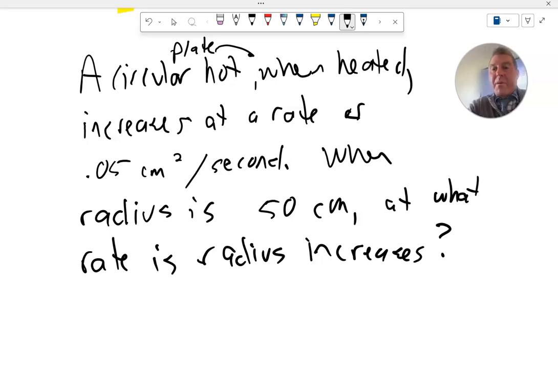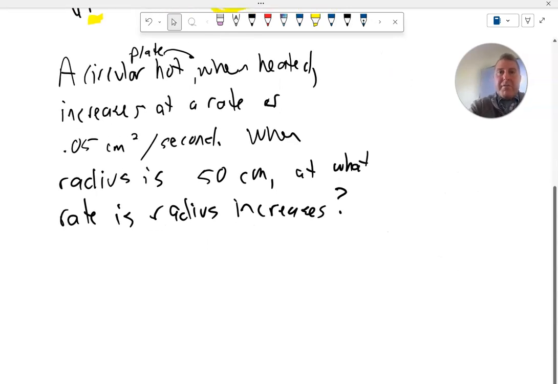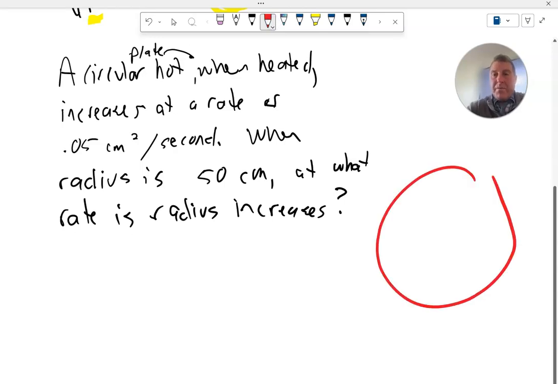So here we have an intro to our first related rates problem. They're word problems, and they're usually applied in some way or another. One of the first steps I want you to consider is, what do we have here? Hopefully it's pretty easy to see what we can draw: a circle with a radius.